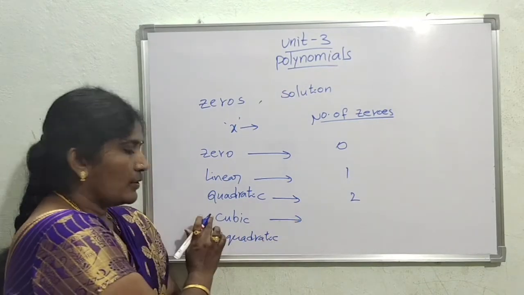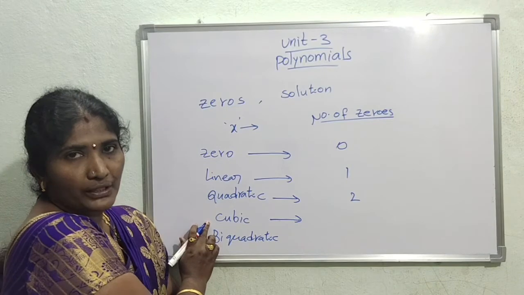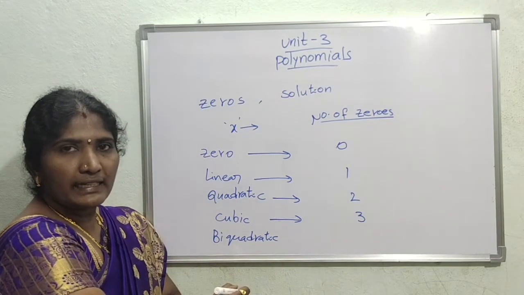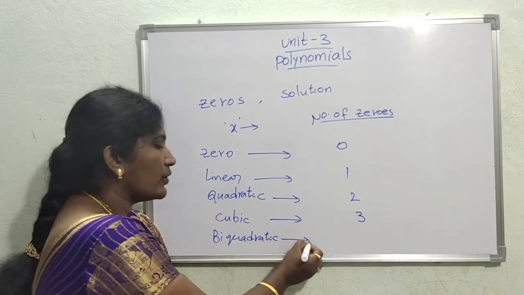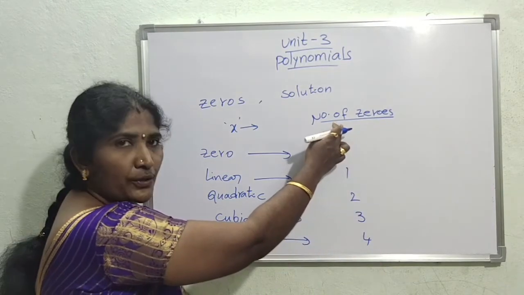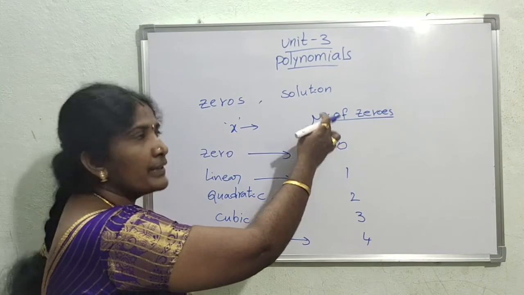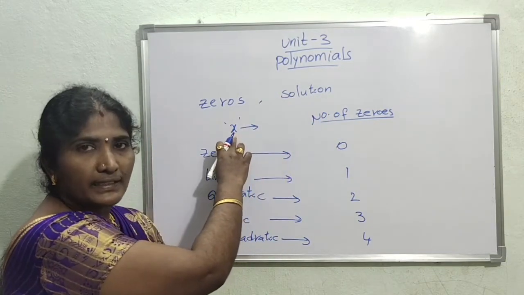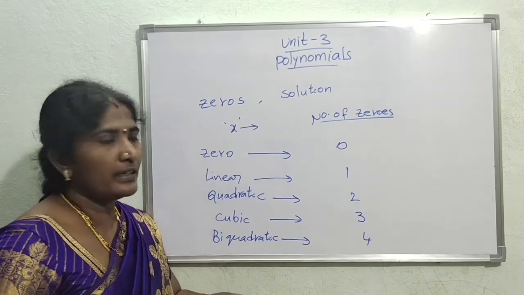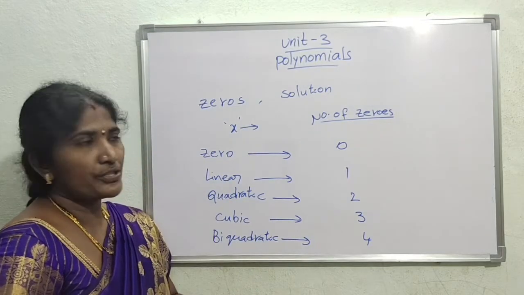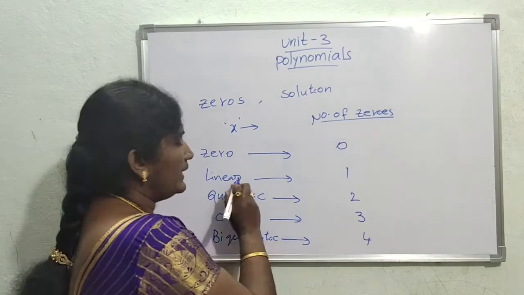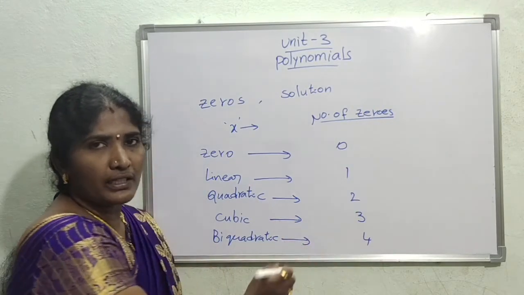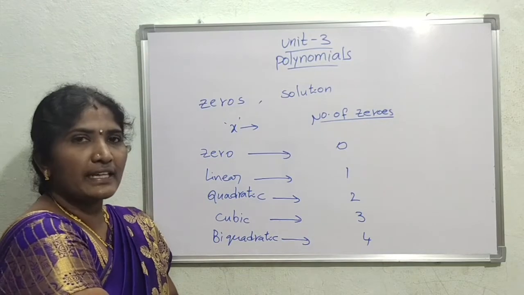Cubic: highest degree 3. Therefore, a cubic polynomial will contain 3 zeros, and biquadratic 4. Here zeros and solutions are both the same. What is a zero or solution? The value of x which satisfies the given expression is called a zero or solution. Now, a linear polynomial contains only 1 zero, quadratic 2, cubic 3, biquadratic 4 zeros.